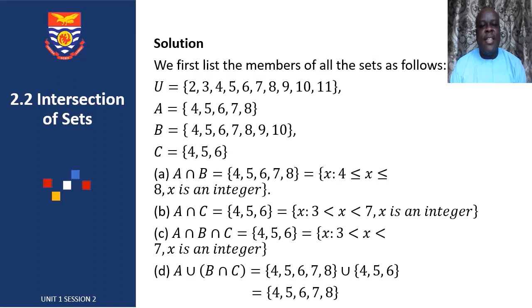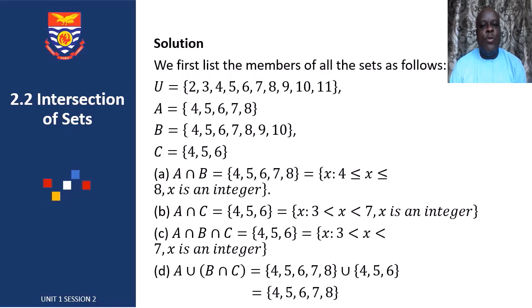Then we look at the second one, which is A intersection C. This time round, we are going to consider the set A and the set C and look at the elements that are common to both of them. And over there, we see 4, 5, and 6 as the elements that are common to both A and C, which becomes the intersection.